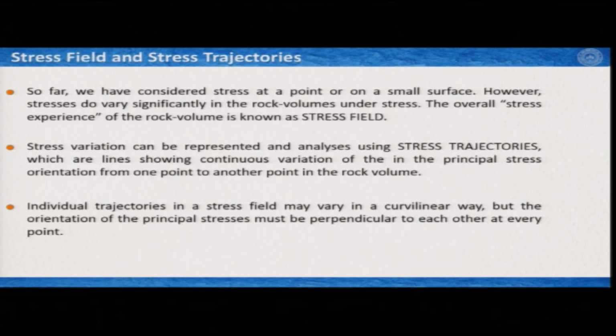Now, there is also one point that we would like to learn at this stage, that we have considered so far stress at a point or stress on a surface, but you consider a lithospheric scale or a few kilometers or few 100 kilometers.